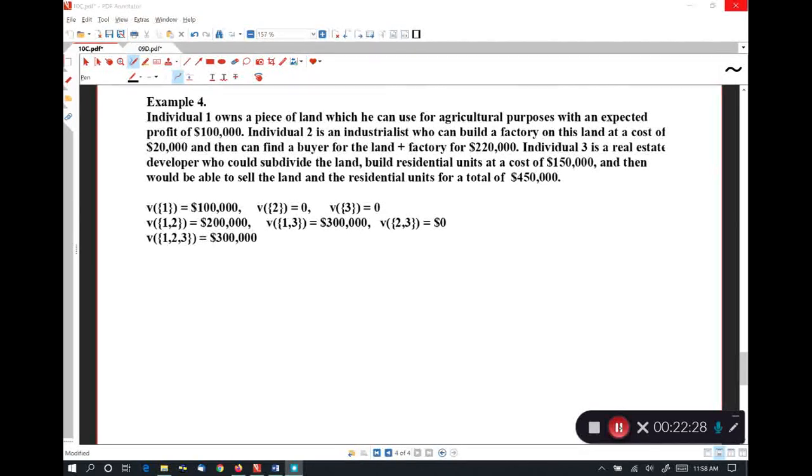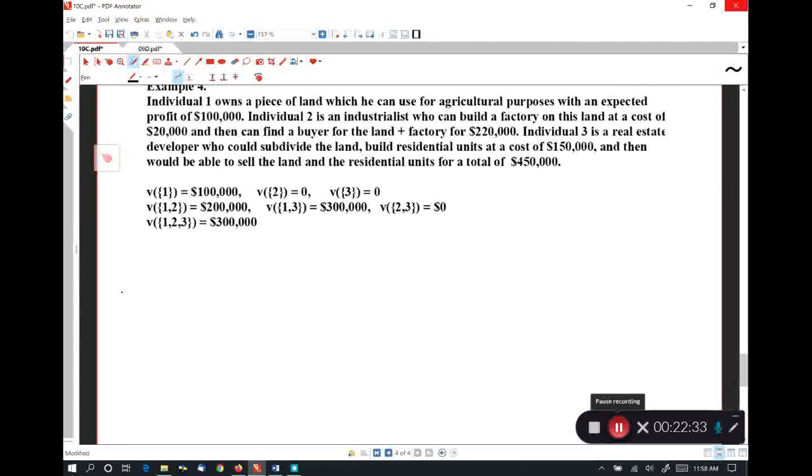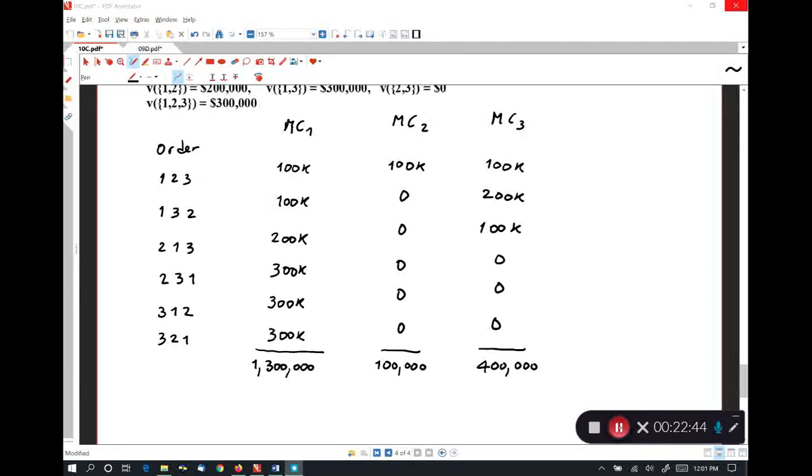So we translated the verbal description into the cooperative game written here, and now let's see what the Shapley value is. So I will pause and write down and then come back.